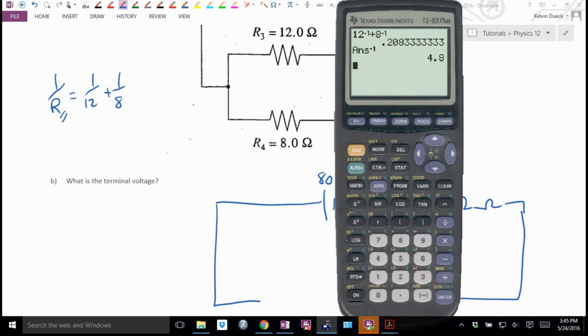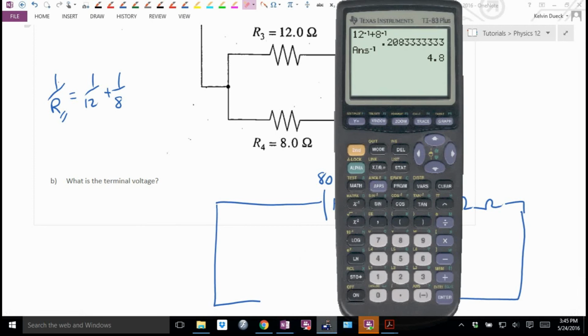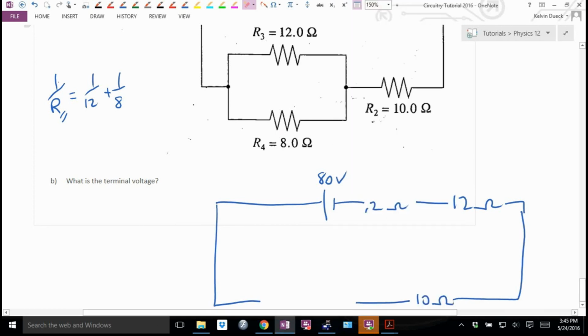Because that's really where that reciprocal button comes in so handy. Because that's a reciprocal, and I want the answer to be reciprocal too. So reciprocal of each, it equals reciprocal. What's this the same as? A single resistor that is 4.8 ohms.